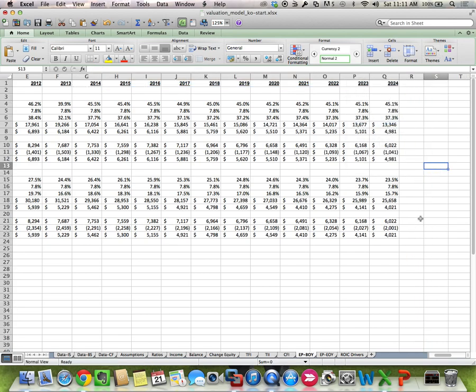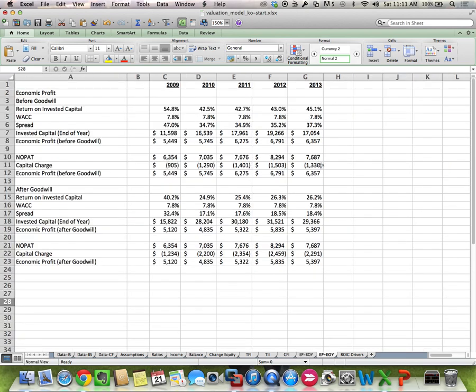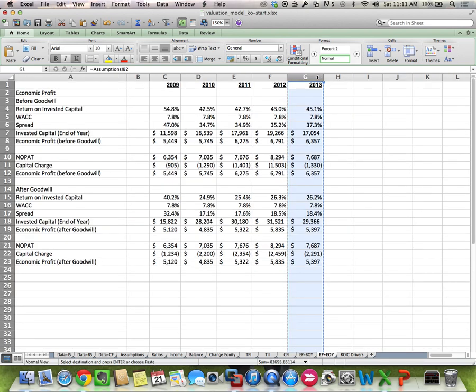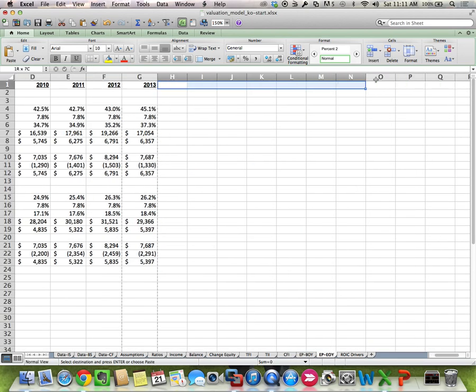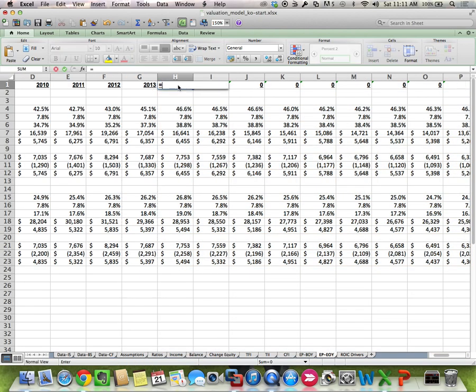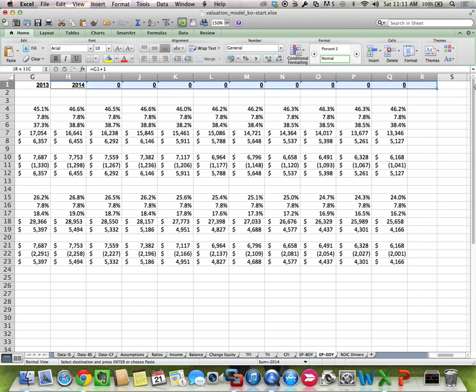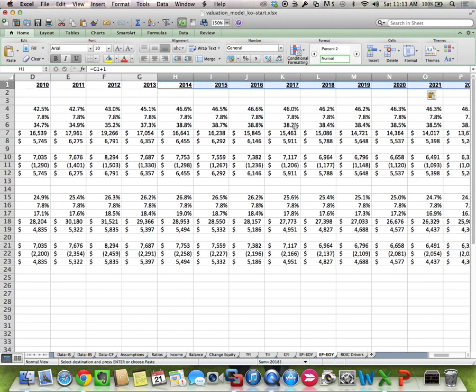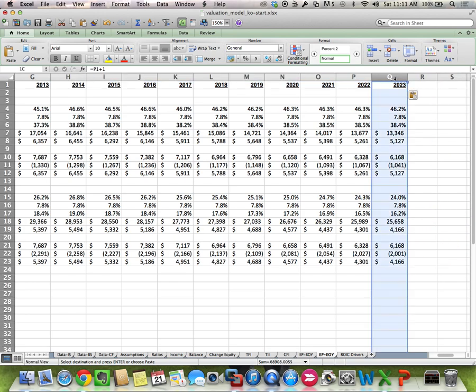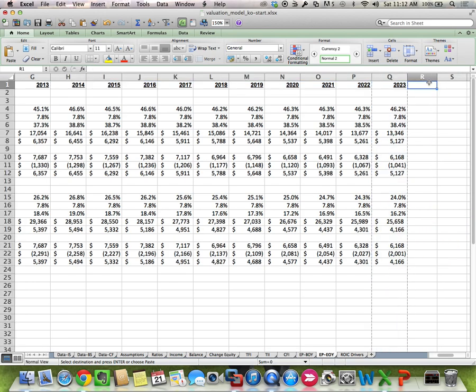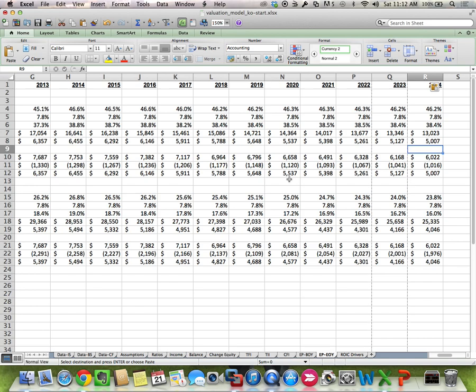I now have economic profit based on beginning of year going out to 2024, and go to my EPEOY tab, copy 2013 out to 2024, and I now have economic profit forecasted out to 2024. That balances as well, which is very important.